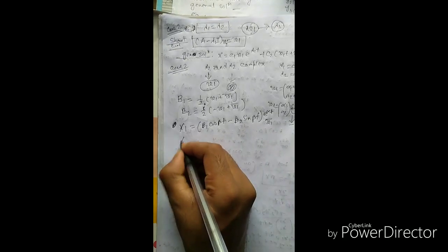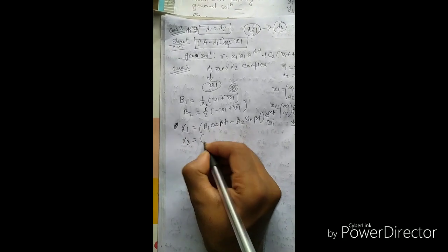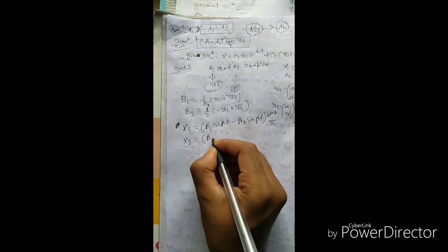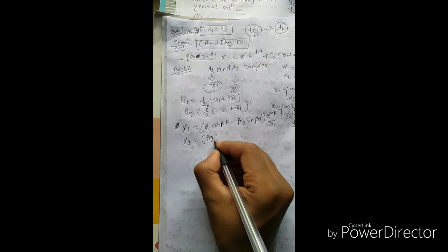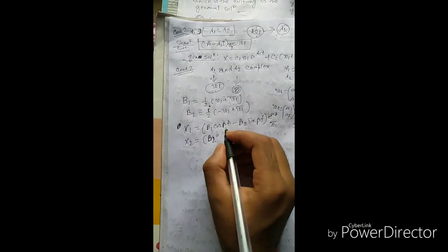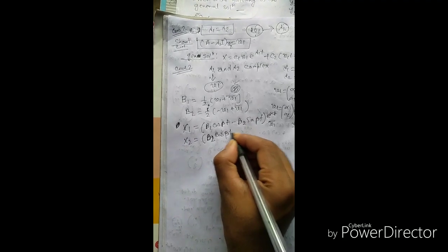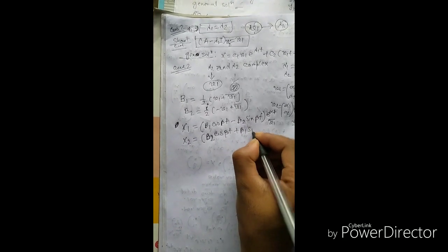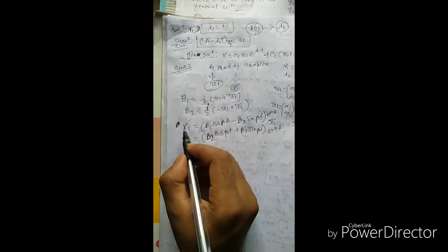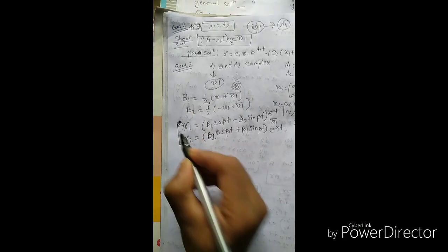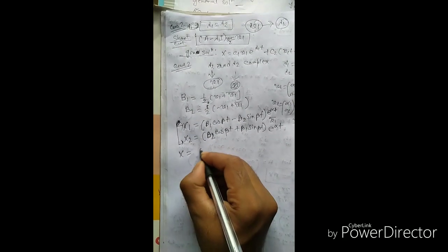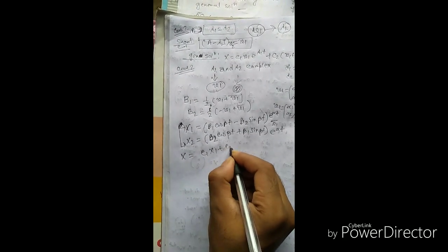And x2 equals b2 cos beta t plus b1 sin beta t into e to the power alpha t. We consider these two types, then the general solution is c1 x1 plus c2 x2. This is the general solution.